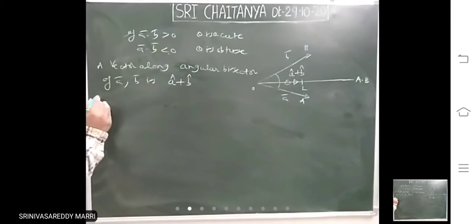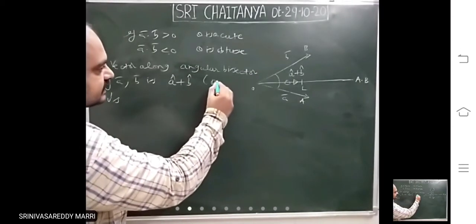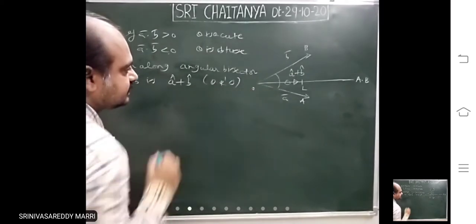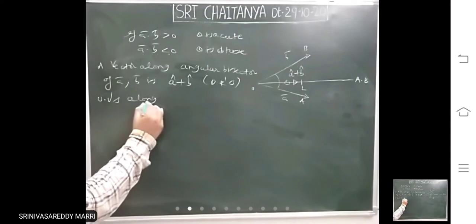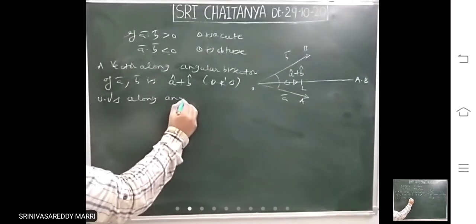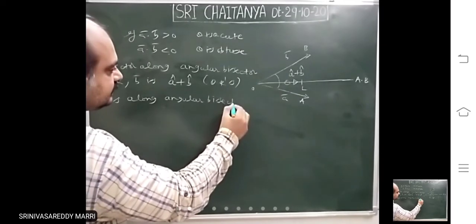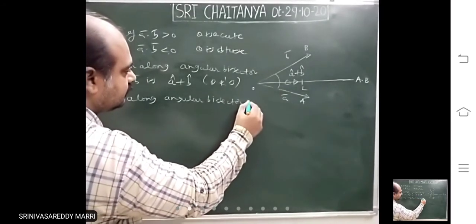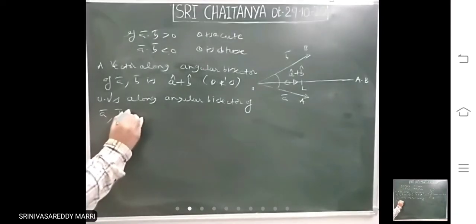So look at unit vectors. This is for DRs calculation. The unit vectors along the angular bisector of vectors a bar, b bar.